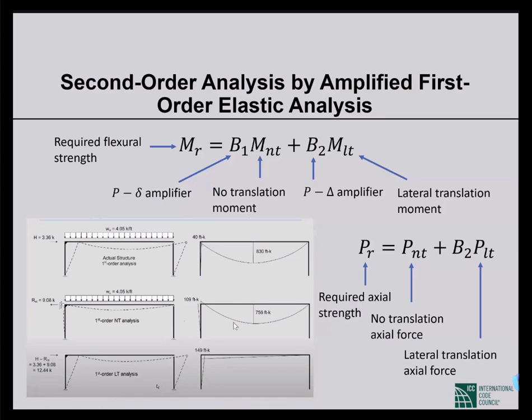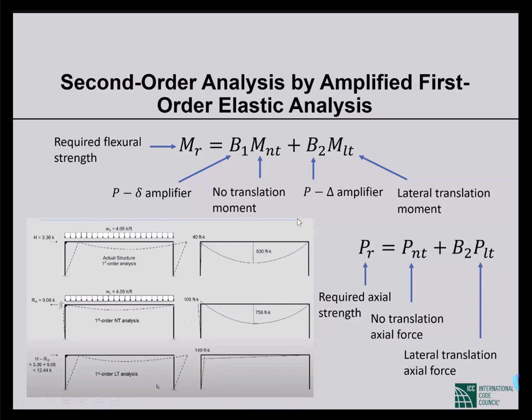To calculate the moments of the members, we multiply an amplifier B1, which is related to the P small delta effect, with the MNT, the no translation moments, and we amplify the lateral translation moments with another amplifier, the P large delta amplifier B2. In the case of axial force, there is only the effect of the P large delta amplifier B2, not the P small delta amplifier B1.